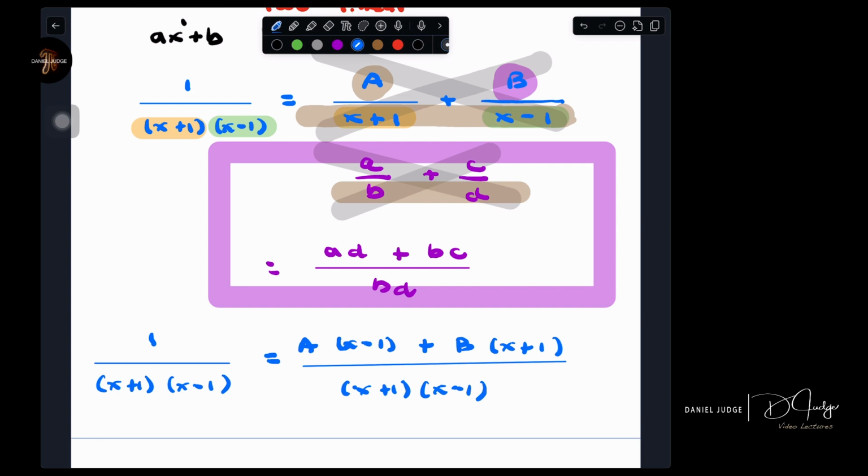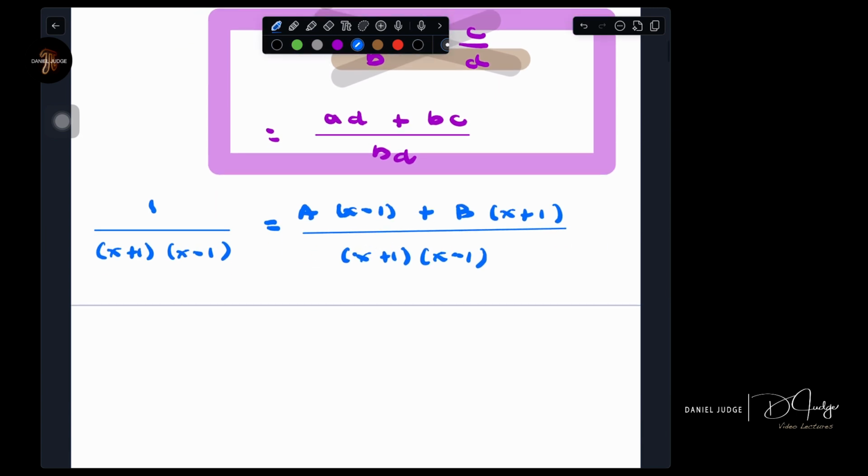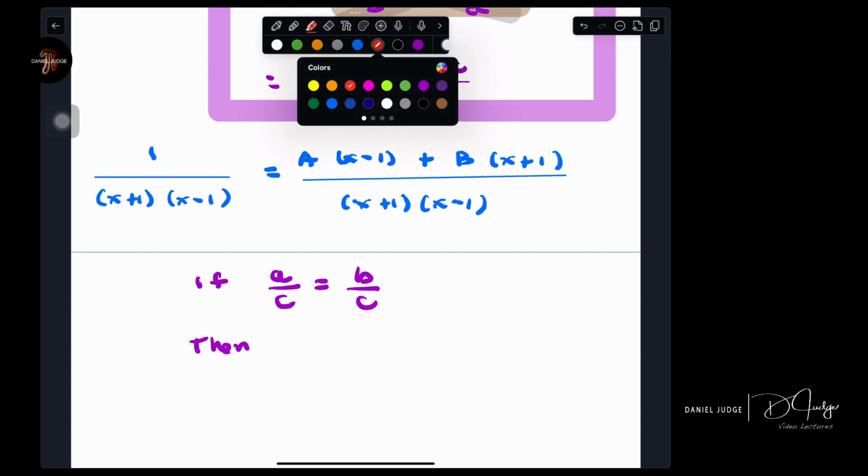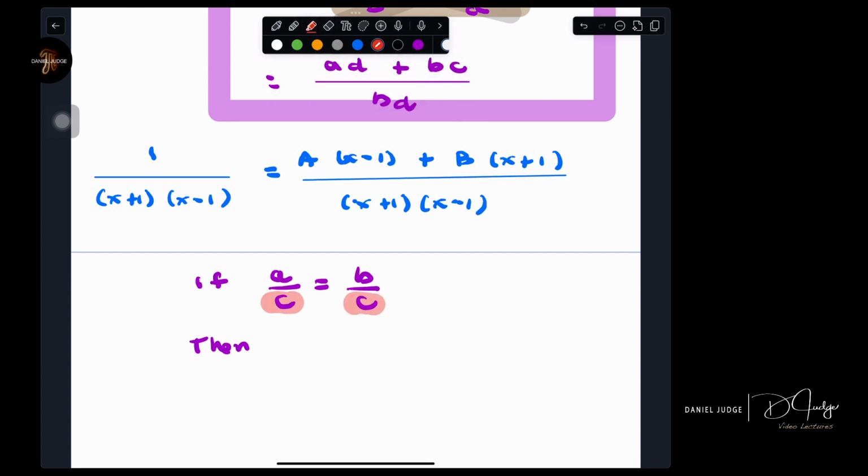So we're also going to use, if you recall, a little piece of logic here. If I have two fractions, a over c equal to b over c, they have the same denominator, like what we're witnessing above. What that means is, then a equals what?